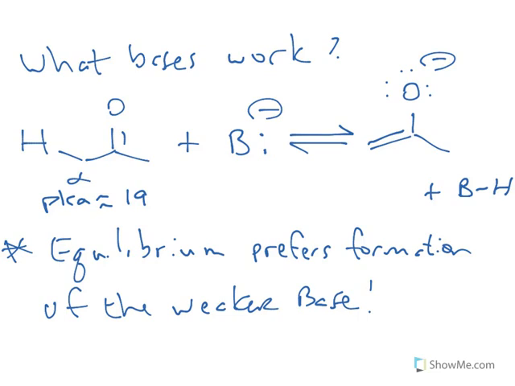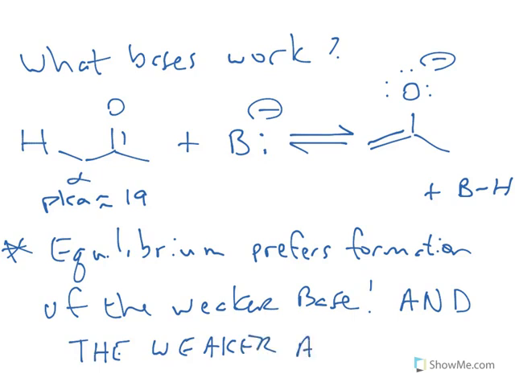This is also true if you say the weaker acid. You say, well, how can that both be true? Well, strong acids want to give away their protons, so they want to get to their conjugate base form. So strong acids are hard to form in equilibrium.